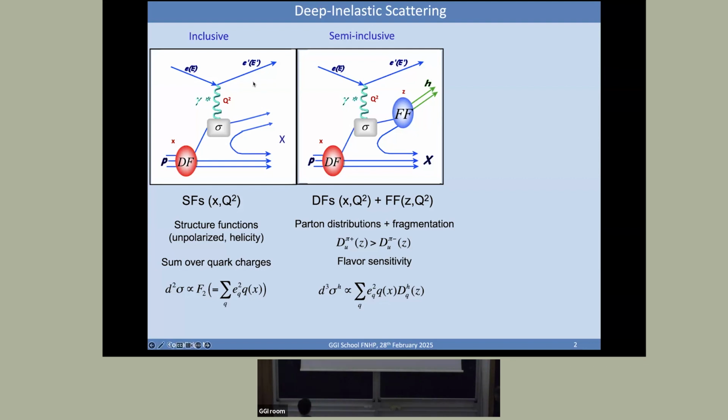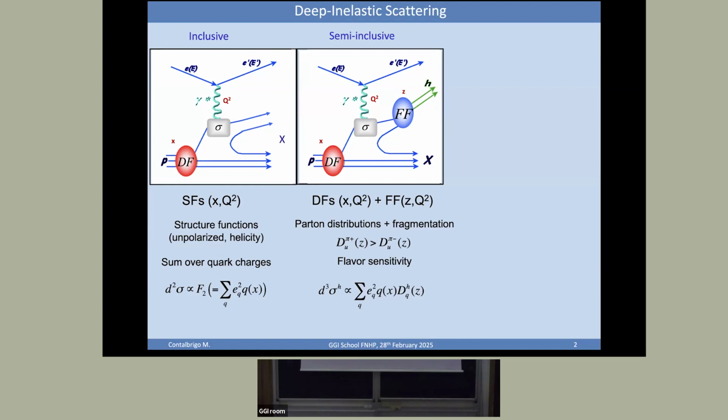So if you just measure the scattered probe, the pattern in the space of the scattered probe, you can access some global information of the structure of the nucleon that is parameterized in terms of Bjorken x, that explains the fraction of your target that you are interacting with, and Q-square, that is the scale of the probe, so the energy of the probe you're using.